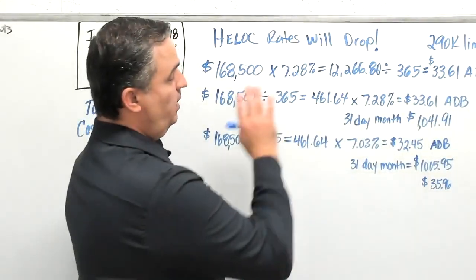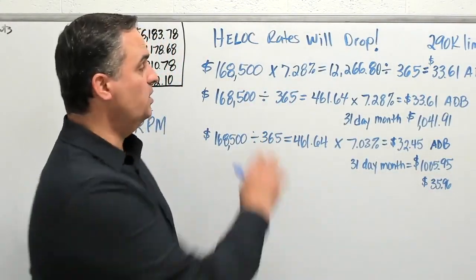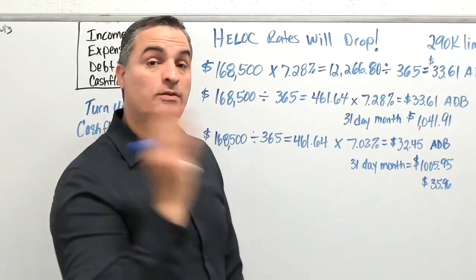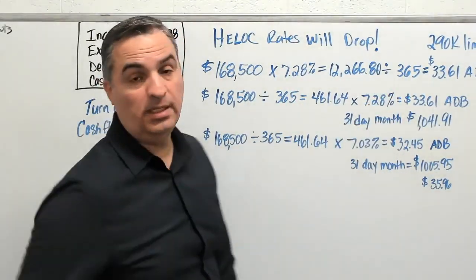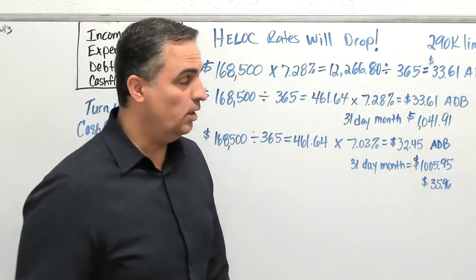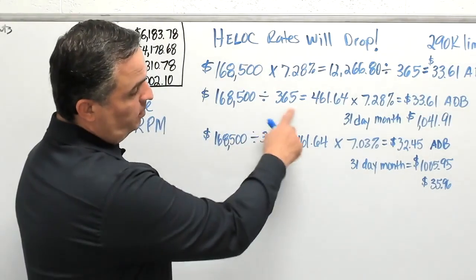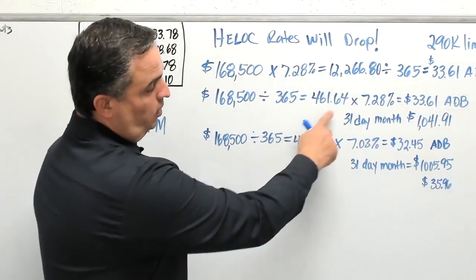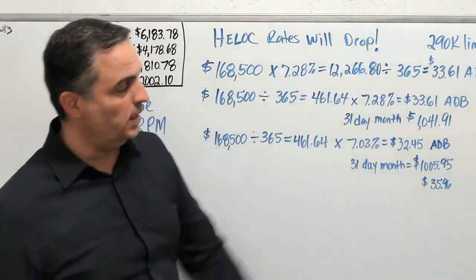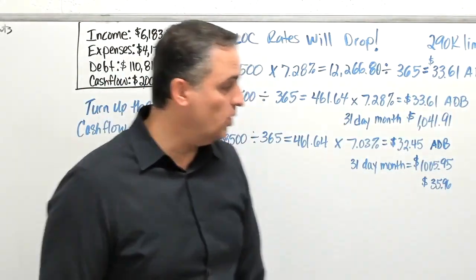So we can see that if the balance remained at 168,500 with that particular interest rate over the course of 1 year, the daily cost would be $33.61. So another way to figure that out is taking the same number divided by 365. You're going to get a different number, but if you multiply that different number by the interest rate, you're going to come up with the same number. So what does that look like?